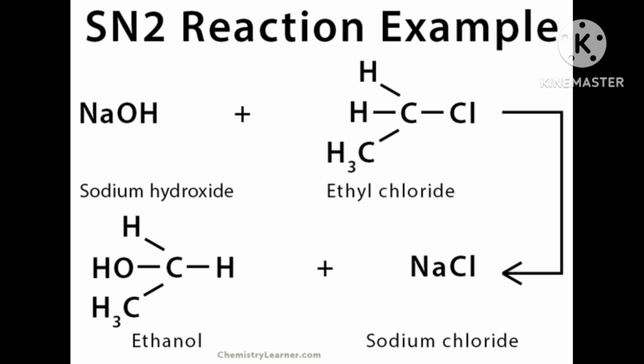Then this plus OH minus: Br will go outside, OH will make a bond. It will form (CH3)3COH, with the OH bond formed, plus bromide ion.